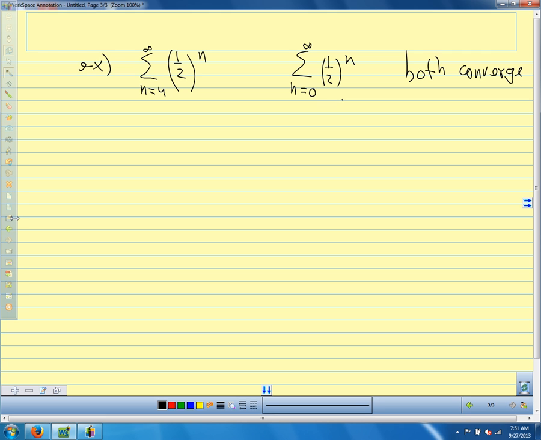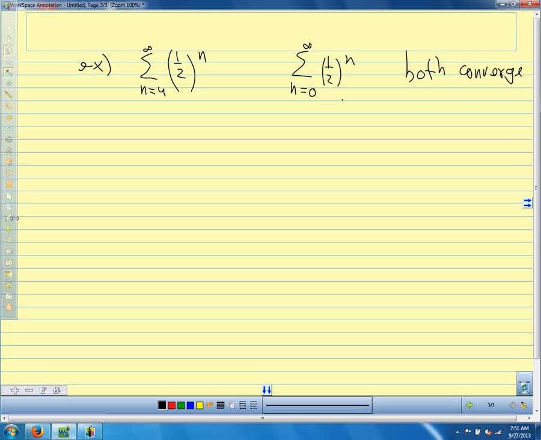I just want to again mention the properties of infinite series. We can form the sum of the limits if we want. If we have 2 infinite series and we want to add them together, we can add their limits together. We can add, subtract the limits. We can multiply the limits by a constant.